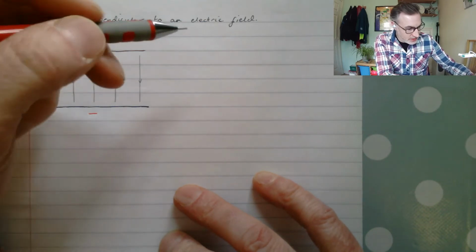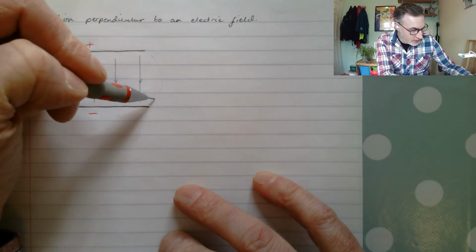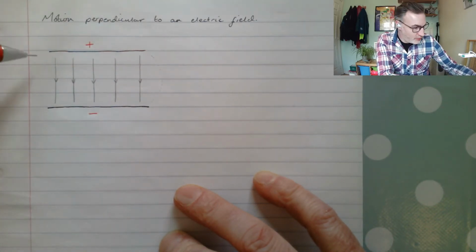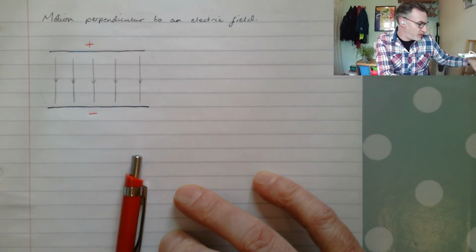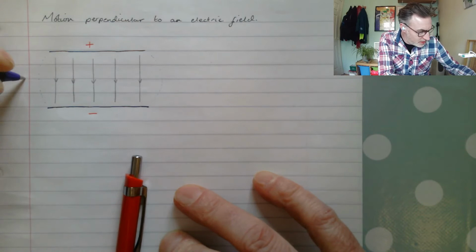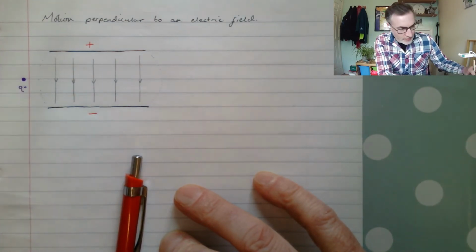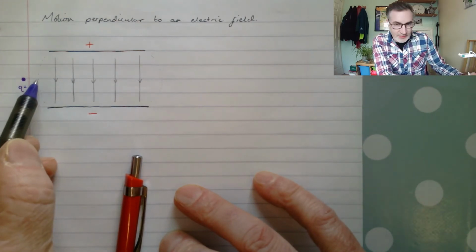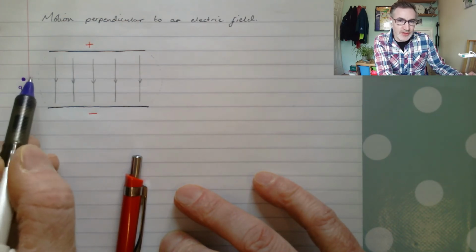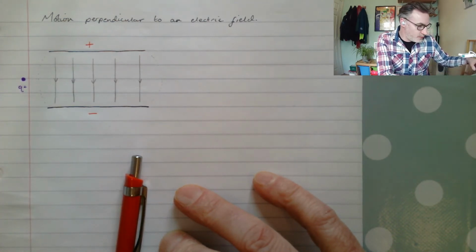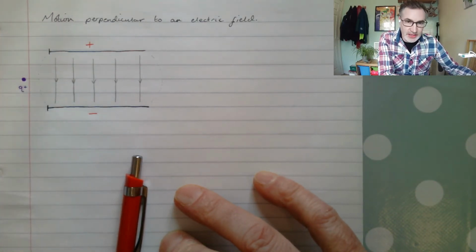If we were to draw this super accurately, then our field lines would bow out from the edges, and if the particle was entering from, say, over here, then as soon as it came into the region of the electric field as it bowed out, it would start to experience a force. But generally we'll ignore that and assume that it has a hard border just as it enters the field.